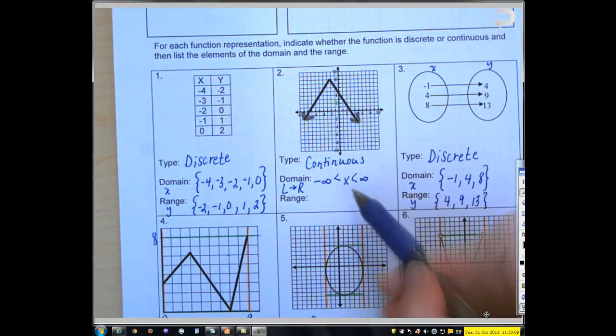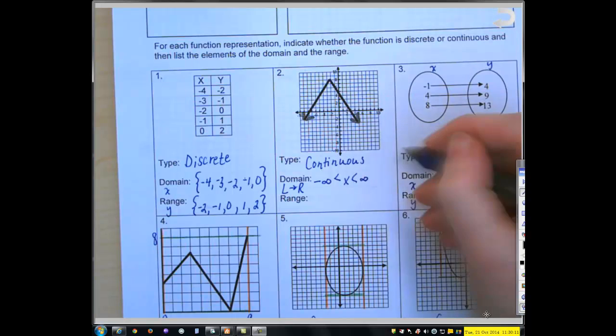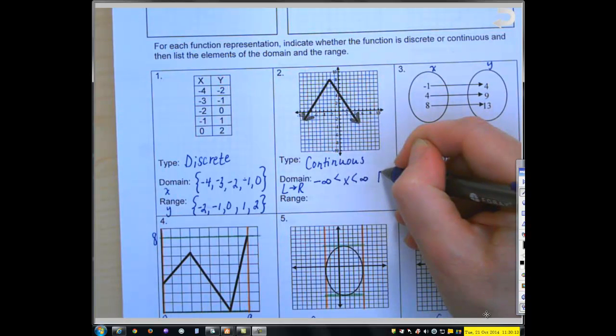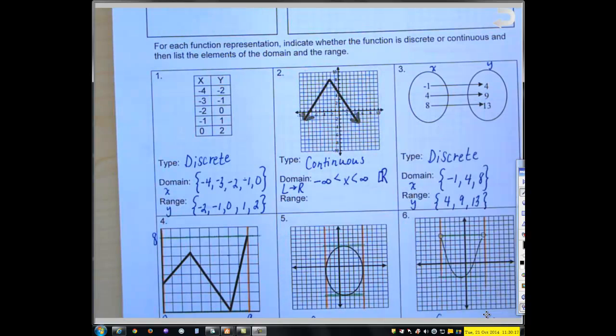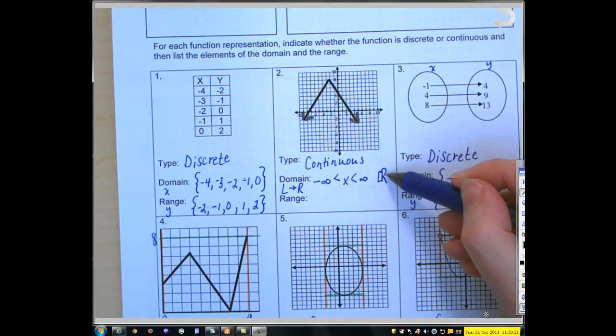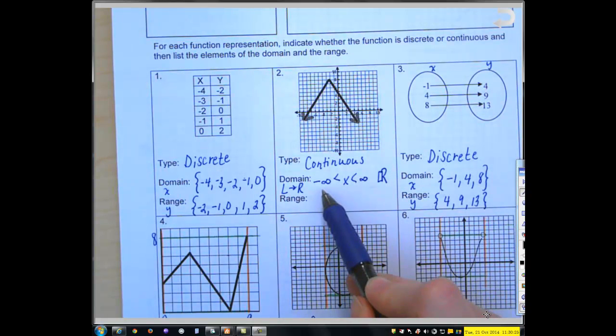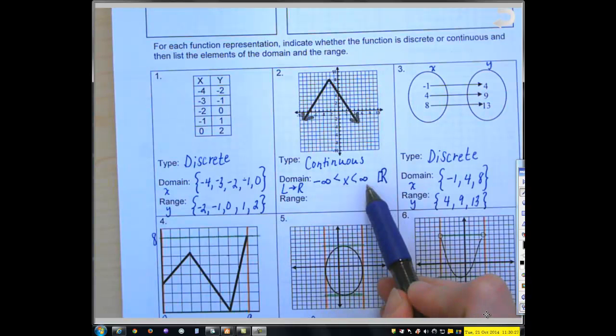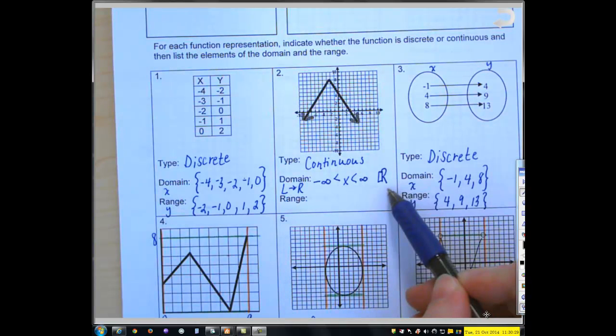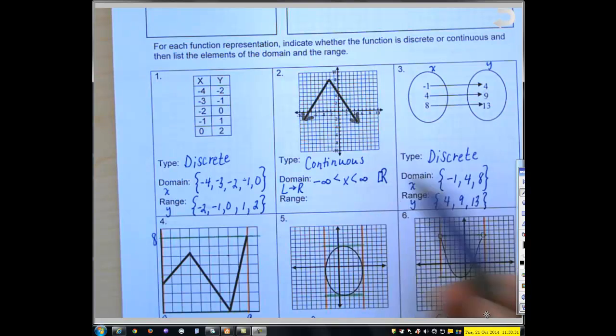Another way of writing this domain is to use this kind of a funny shaped R. It's like an R with two stems on it, and it means all real numbers. So we can write the domain as negative infinity to positive infinity, or we can write the domain as all real numbers.